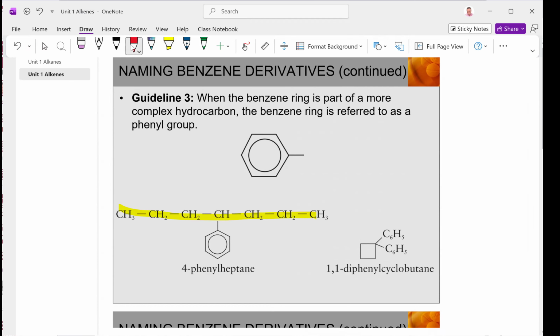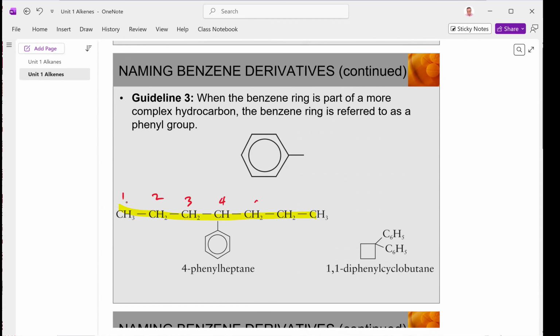Seven carbons long, and if we count from right to left, left to right, it's the same carbon number 4. So that's 4-phenylheptane. And no word benzene in it at all.